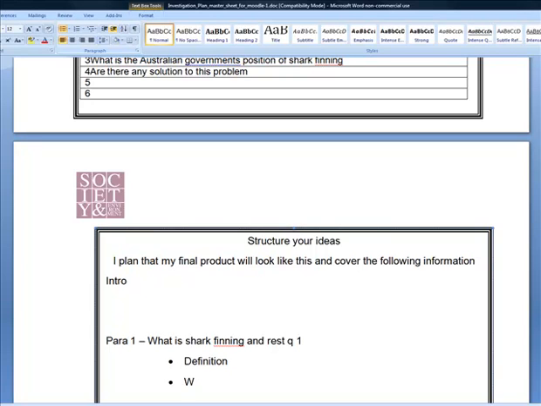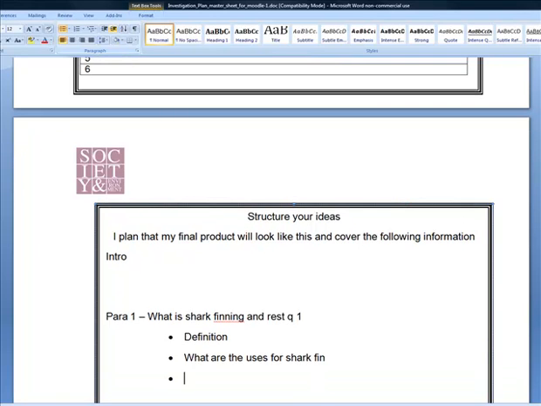I'm going to put in another point that I need to make in my first paragraph, which is what the uses for shark fin. And the last thing that I need to do, which kind of follows on from the definition of what shark finning is, but I think I need to explain in my first paragraph what is the actual issue that we're looking at here.